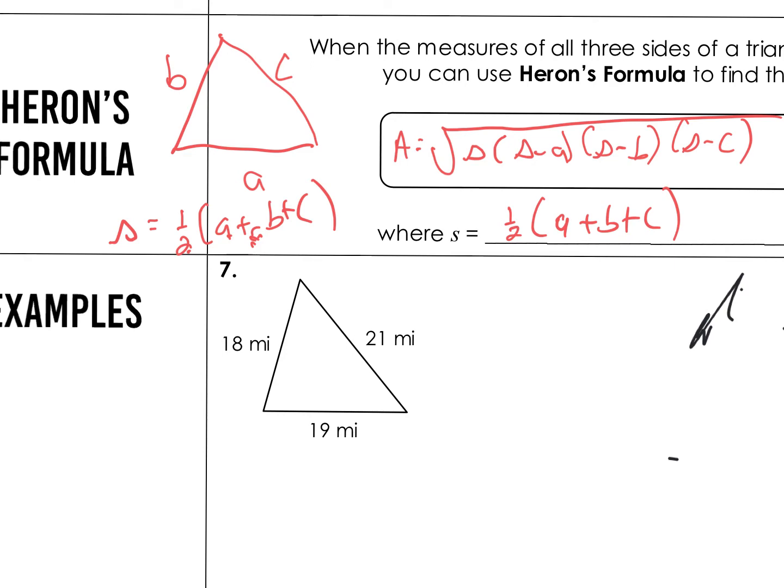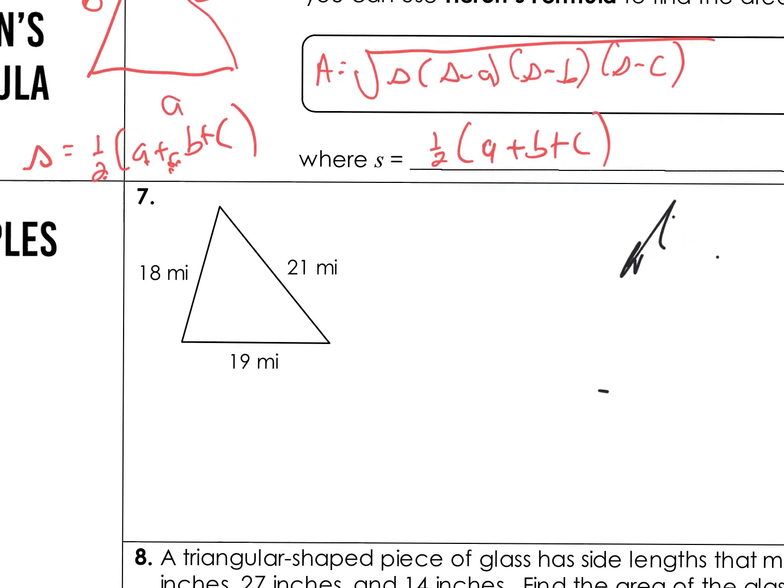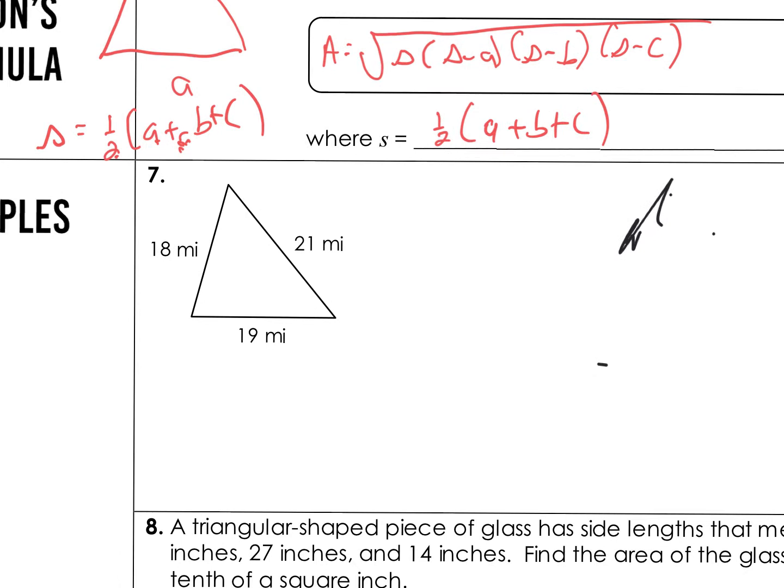We have A, B, and C in our problem. So for instance, I have 18, 21, and 19. Heron's formula is actually pretty simple, but it's just number crunching with a calculator.